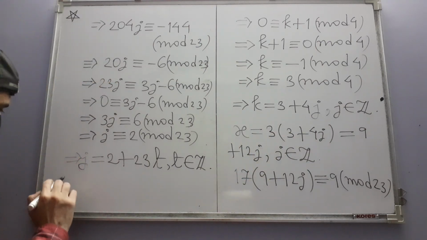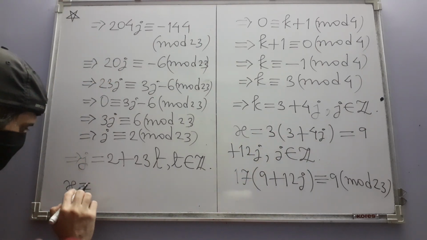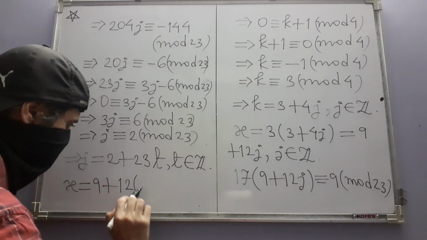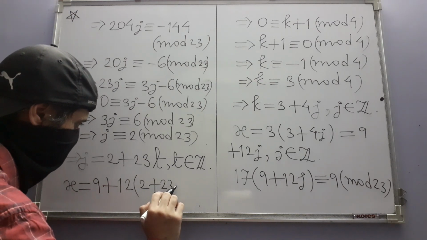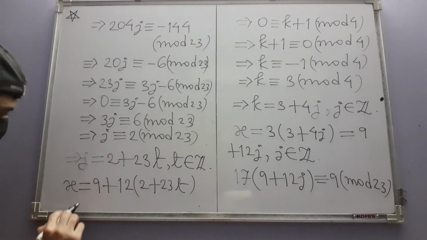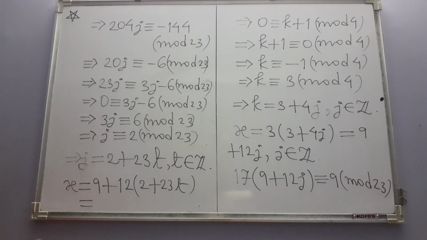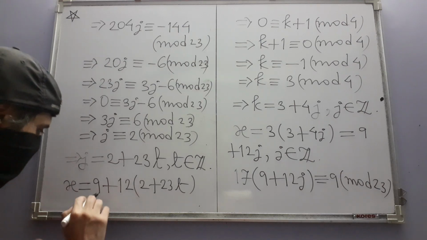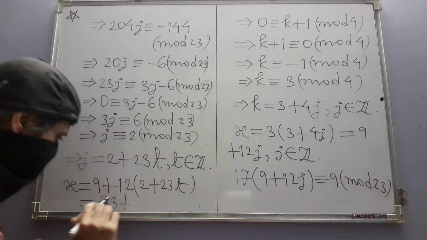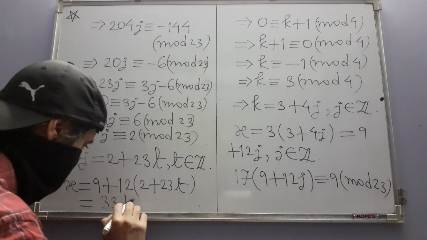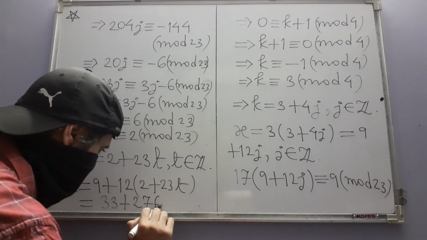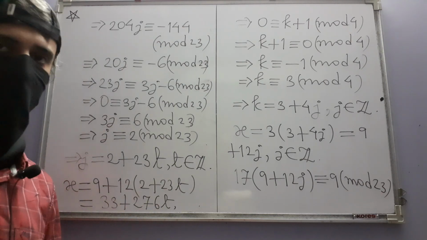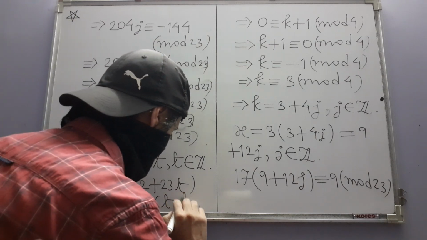Here, X is now going to look like this, 9 plus 12 times 2 plus 23T. So ultimately what will it be? It's going to be 33 plus 276T. These are all the solutions, and T can be any integer.